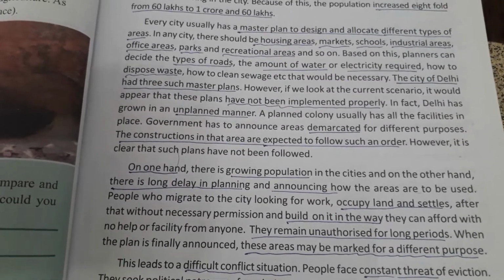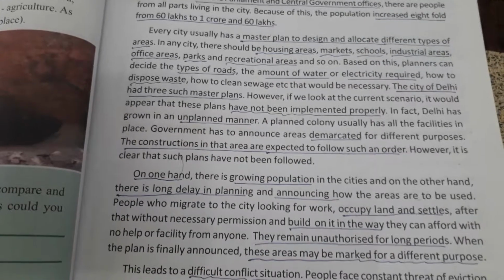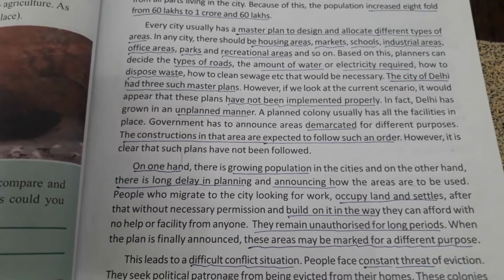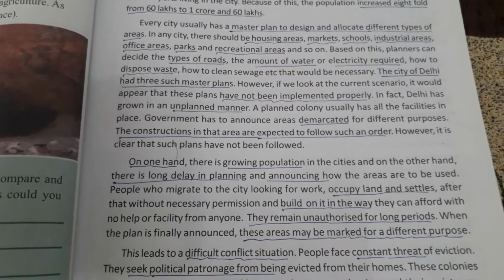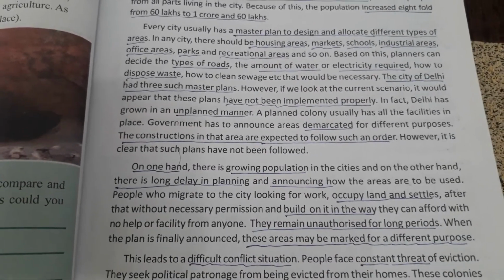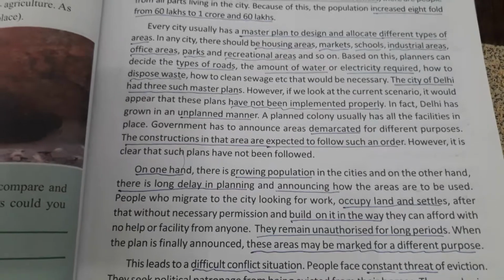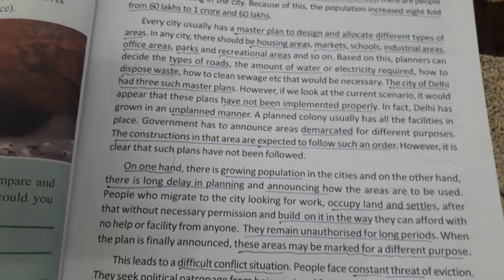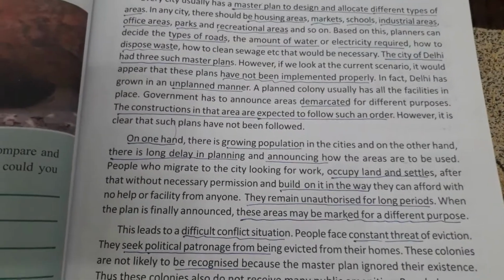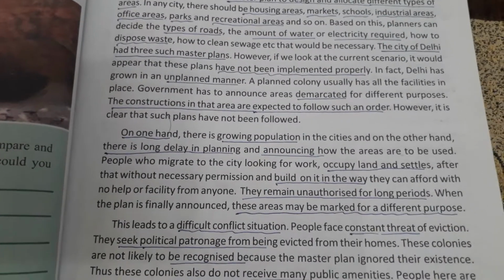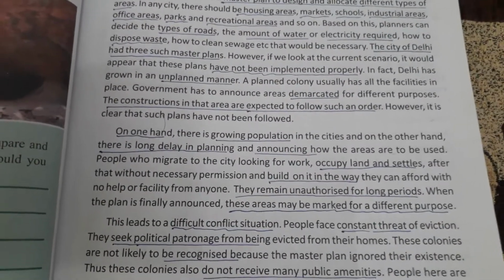Already people started constructing houses, but those were allotted for either a park, an industrial area, markets, or some other purposes. Then those will be evicted from those places. If not, there will be conflict between the government and people. So this leads to a difficult conflict situation.